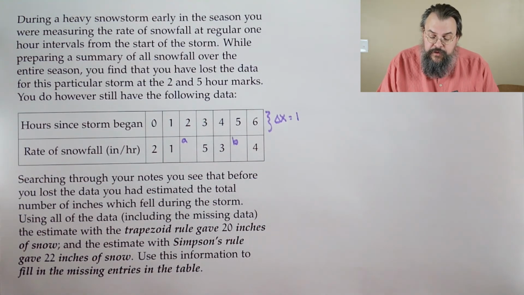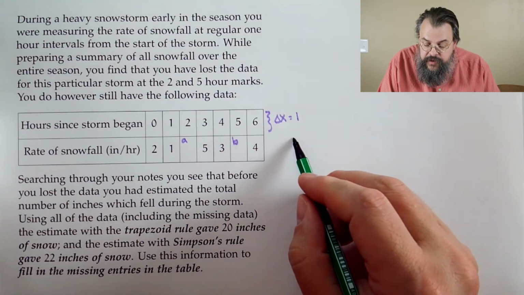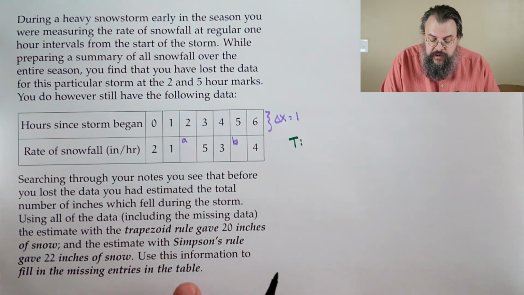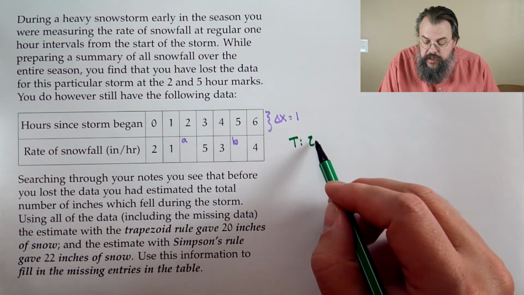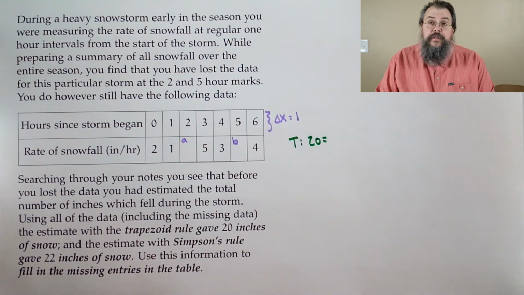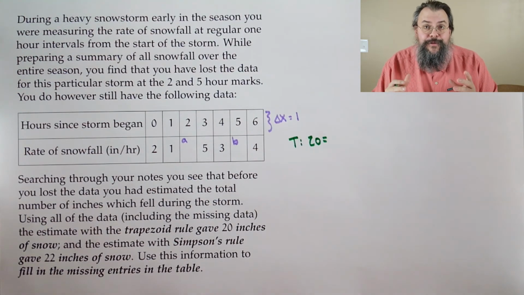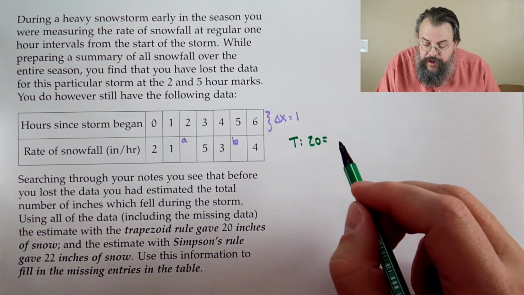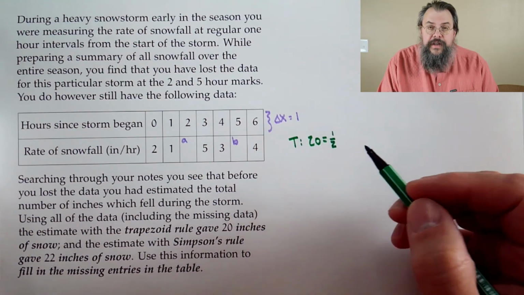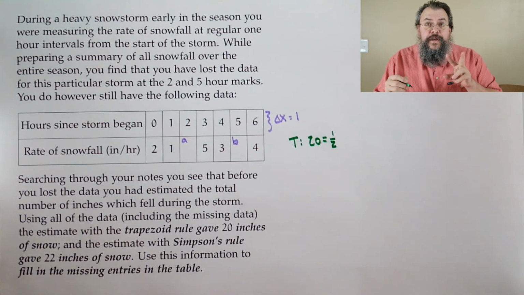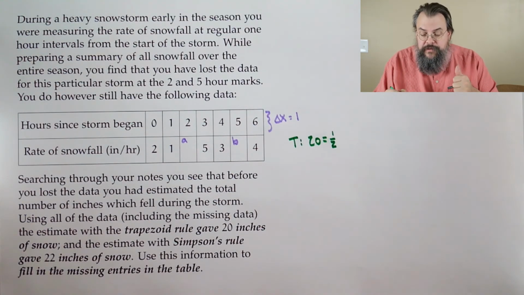So if we use the trapezoid rule, what do we have? According to this, the trapezoid rule gave 20 inches. So 20 is the result of applying the trapezoid rule. How does that work? The trapezoid rule has that factor 1/2, right? Because for every interval, we look at both the left and the right endpoint. So there's 2 pieces of information for every one interval.